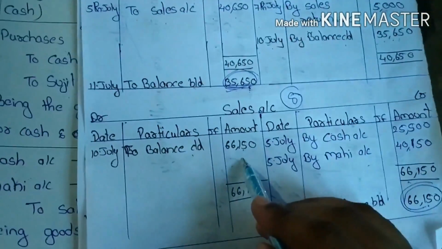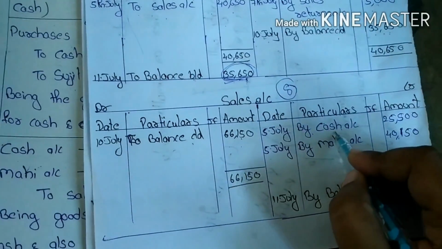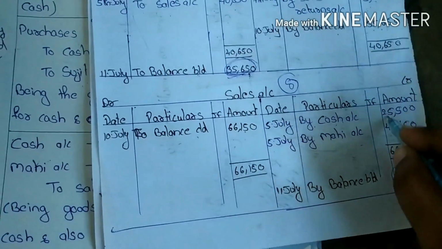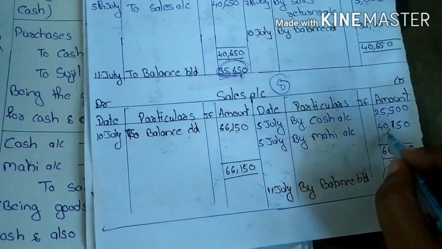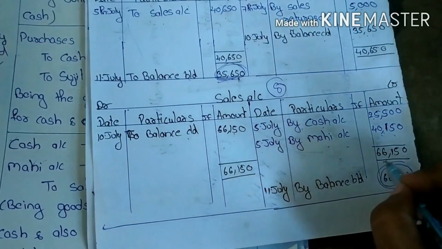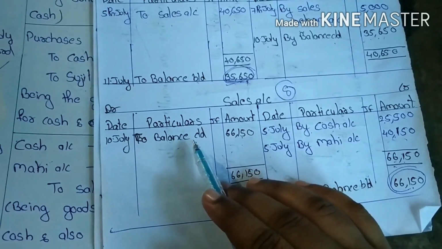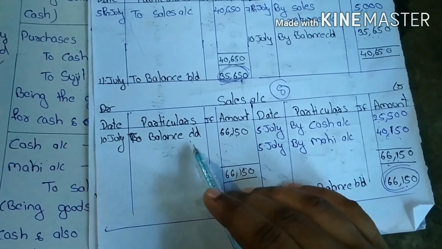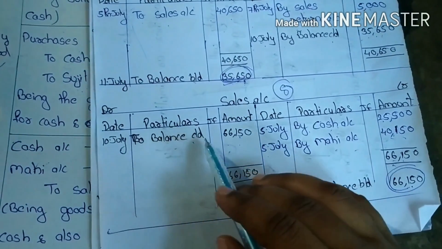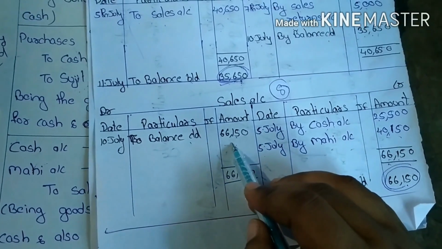See, this is the sales account. So by cash account, 5th July, 25,500 and Mahi account 40,650. So the total is 66,150. So there is no debit, right? This is the difference amount. So at the end we find the carried down balance of 66,150.